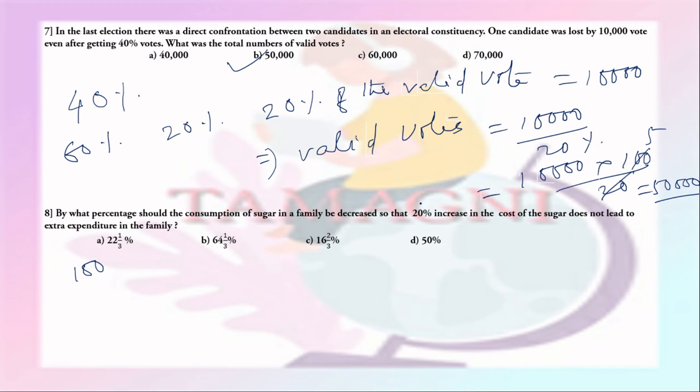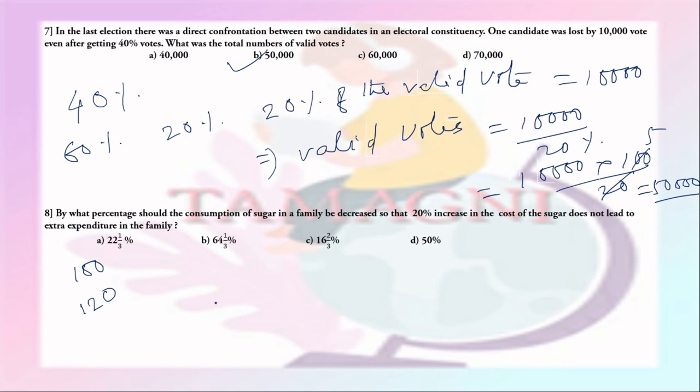After an increase of 20%, the price will become 120. Now the family doesn't want to increase the expenditure. They previously consumed sugar worth 100 rupees. After the price increases to 120, they still want to continue with the expenditure of 100 rupees.